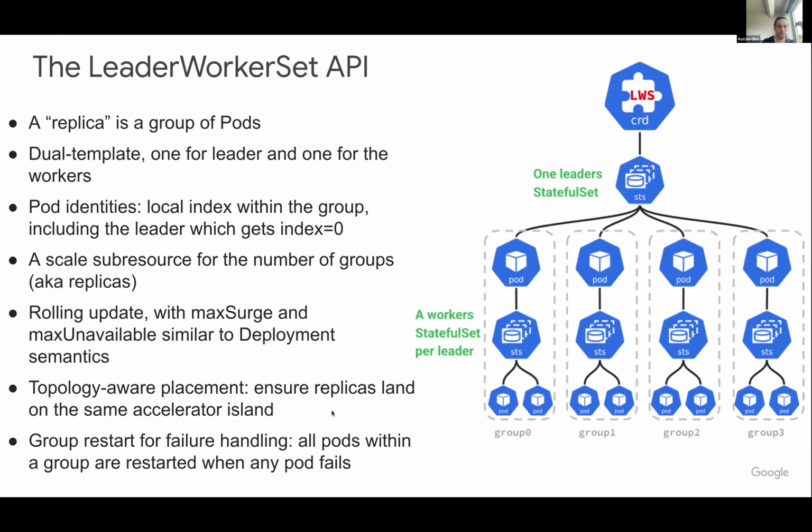Are there standard labels? This is a great question. The way we're doing it, LWS is not a scheduler. What we do is inject pod affinity and anti-affinity constraints that implement the semantic of exclusivity per group. That's the nice thing about it: you don't really need to know the node labels.